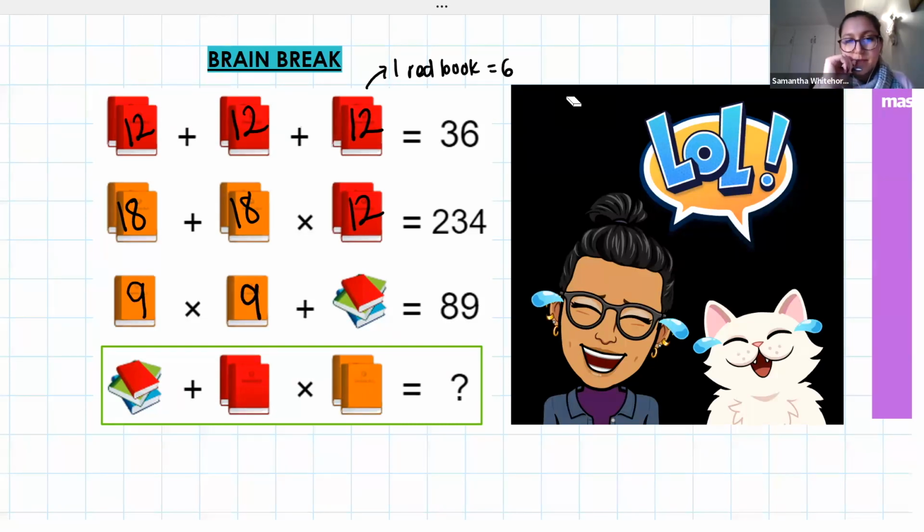So the next question, one orange book, I had to say 9 times 9, which gave me 81. And then I asked, what do I have to add to get to 89? And I said plus 8. Perfect. So then I substituted all my answers into the last equation.